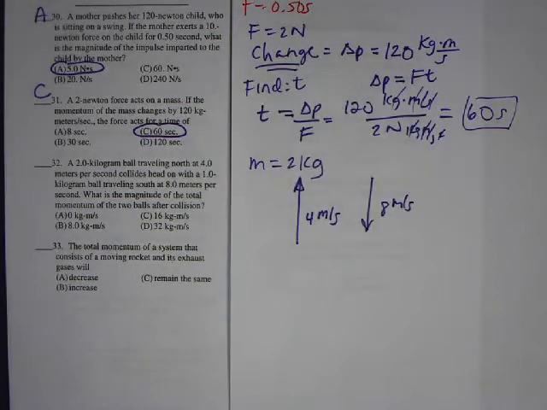What is the magnitude of the total momentum of the two balls after collision? Now remember that momentum is a vector quantity. It has both magnitude and direction. I have to take the direction into consideration.